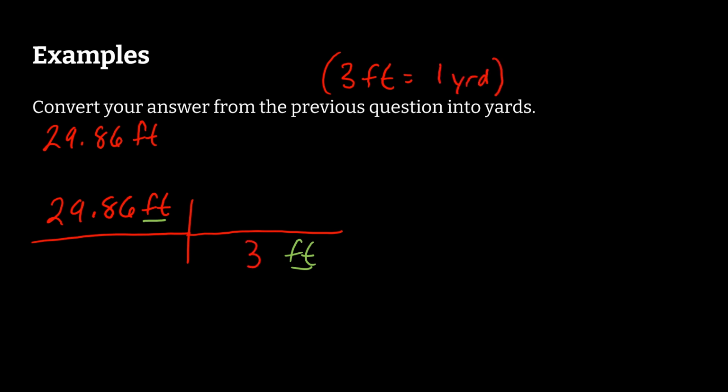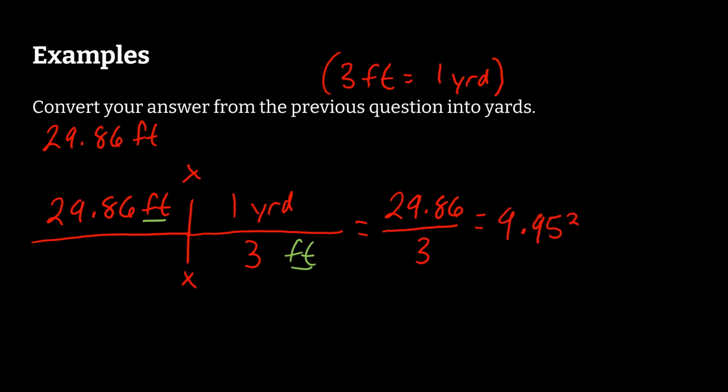So our 3 feet will be on this diagonal, equal to 1 yard. Now that we are in yards, we're able to go ahead and solve this problem. We're going to multiply the top, multiply the bottom, and then divide. So we are going to get 29.86 times 1 divided by 3. Whenever we solve this out, we end up with 9.953 yards as the answer.